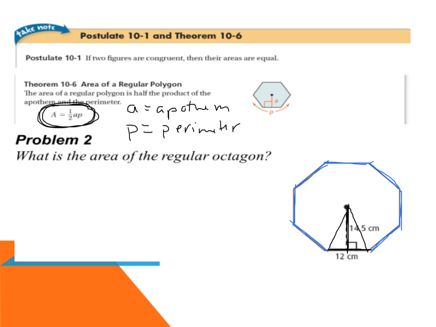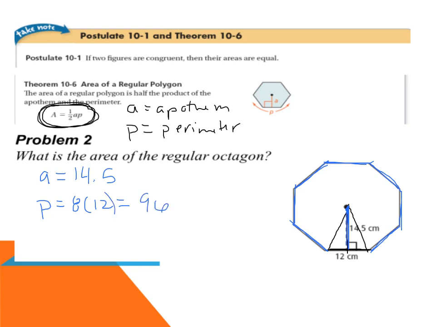So in this part, I would first label what is your A. My A here is equal to 14.5, because that's the length that starts at my center and creates a 90-degree angle. And then my P here is equal to, an octagon has 8 sides, so I'm going to have 8 times 12, which would be 96.